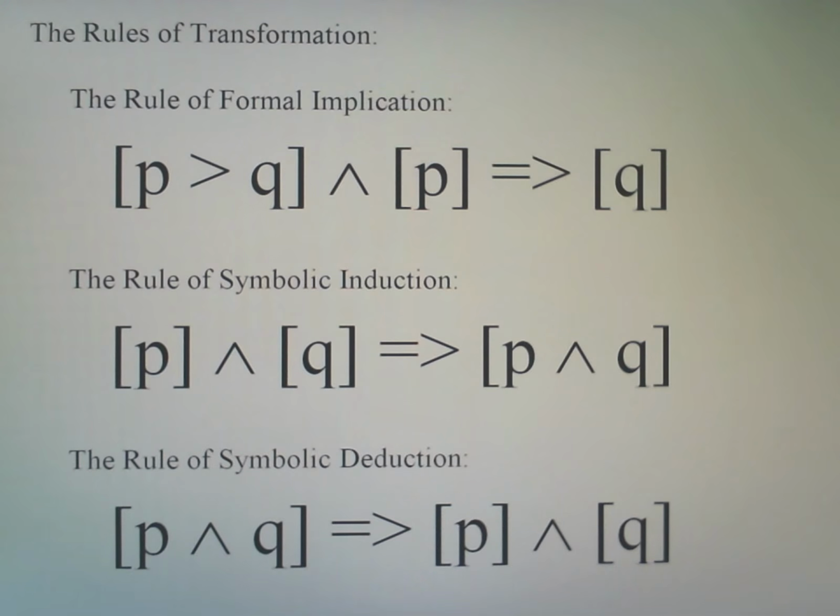And so if we have a line like this, we can create a line such as P from P and Q, and we can create a line such as Q from P and Q. Because we are starting with specific lines here, two specific lines that are true individually, and moving to a generality of saying both of those are true at the same time, I call this symbolic induction, moving from the specific to the general with symbols. And of course, conversely, because we start with the generality, P and Q here, and we move to specific lines, two different specific lines, I call this symbolic deduction.